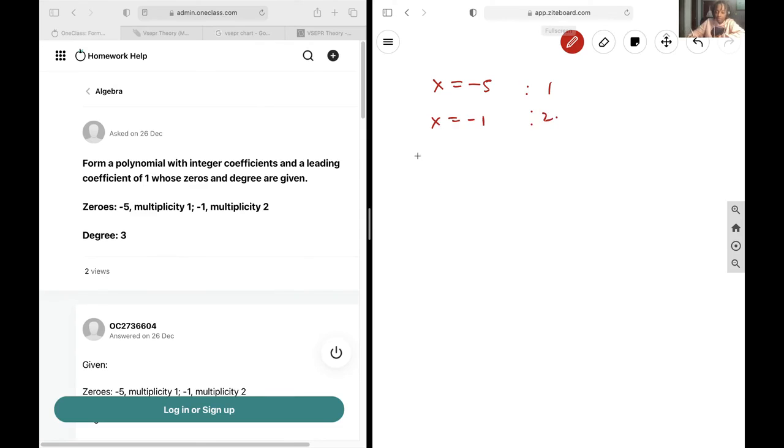So if we write this, we get x plus 5, and since the multiplicity is 1, it's to the power of 1. And we get x plus 1, multiplicity is 2, so instead it's going to be to the power of 2. And so now we just combine those two, and we get x plus 5 and x plus 1 squared is equal to f of x.